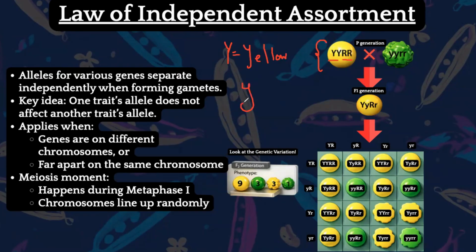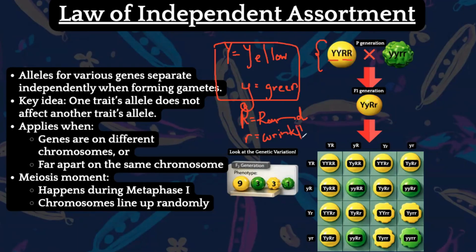And a lowercase y is equivalent to green. So this is one trait, which is color. And then the other trait we're talking about is whether it's smooth or round versus wrinkled. So if it was round, you have capital letter R, for round. And then wrinkled would be lowercase r, for wrinkled.